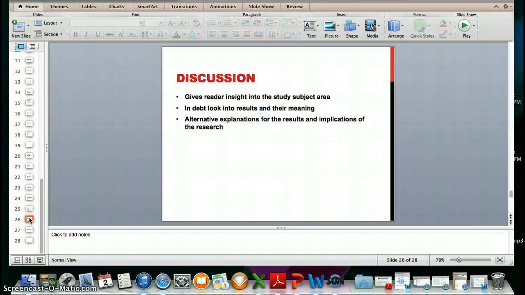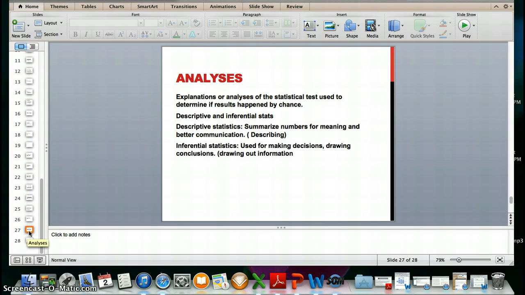But overall, the discussion should tie in everything that you've looked at. You will also see analysis. These are explanations or analysis of the statistical test or tests that were used to determine if results happen by chance. And that's generally within the discussion section or right after.